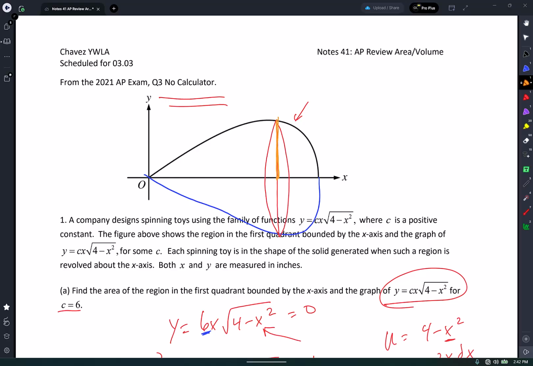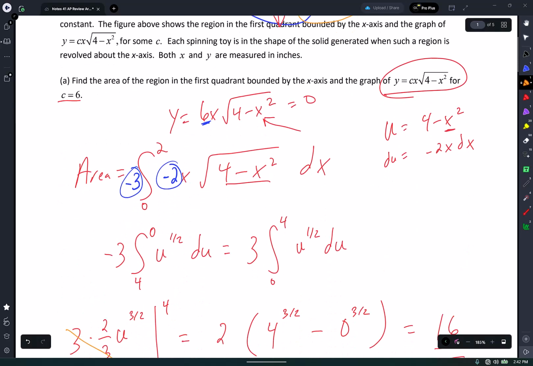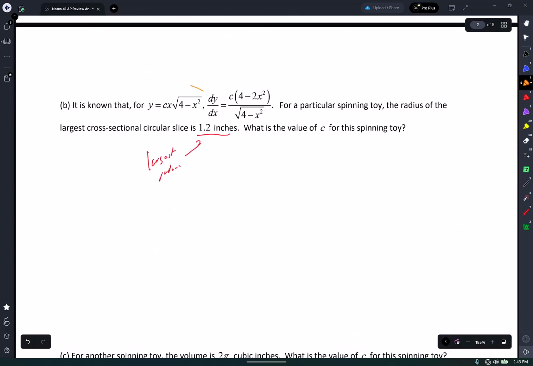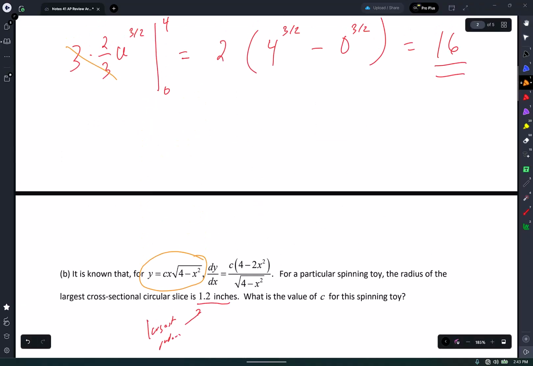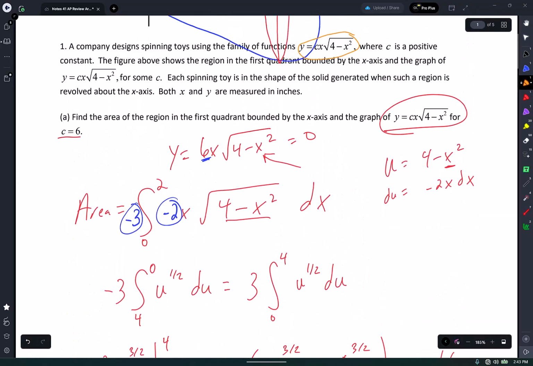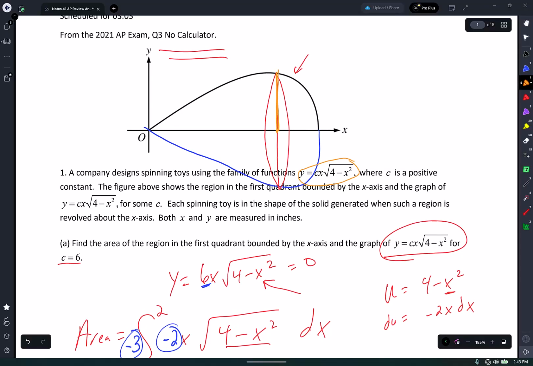Do you guys see that? Well, that curve is this one, the same one that we've been working on. What do you know about maximums? Tell me something about the derivative. From positive to negative. The derivative has to go from positive to negative, right?